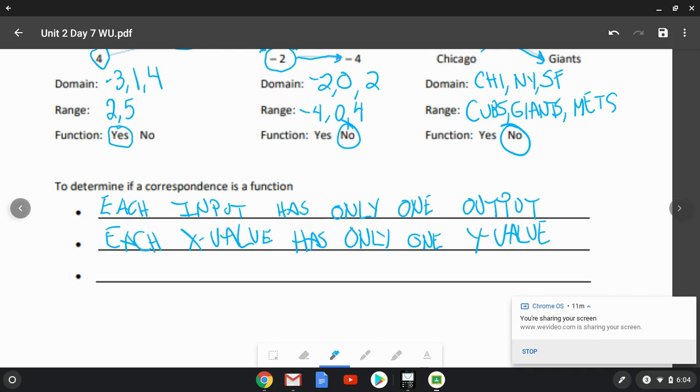And each code in the vending machine is connected to only one item.